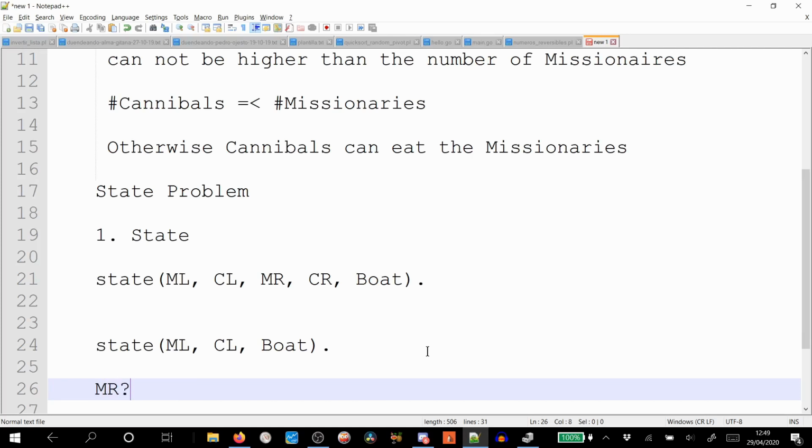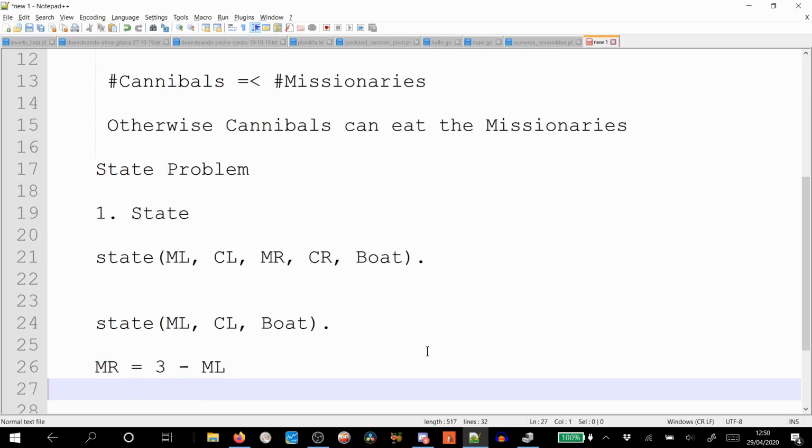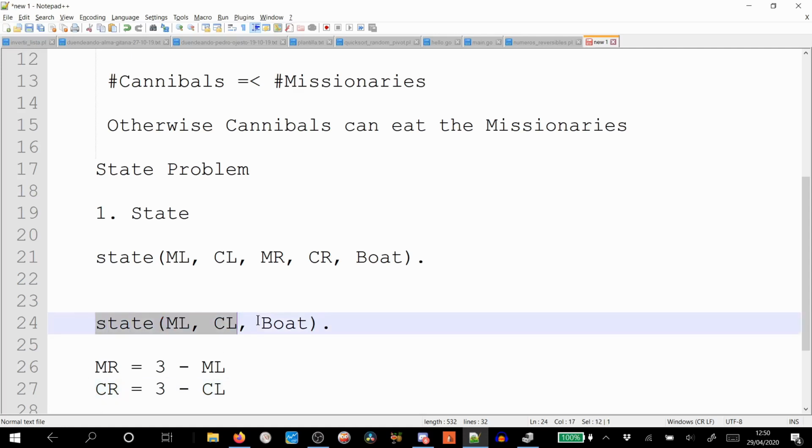It's the total missionaries, 3, minus the missionaries on the left. And the cannibals in the right will be 3 minus the cannibals in the left. So with only these three elements, I can make a picture of the problem.